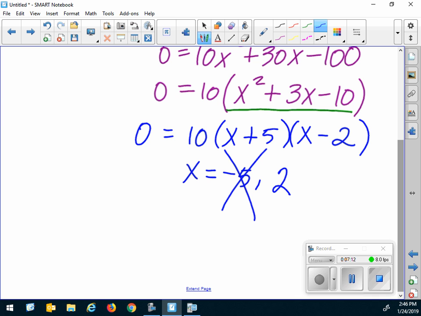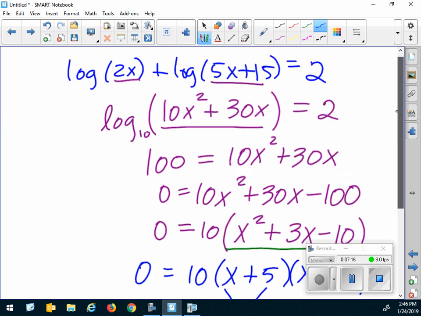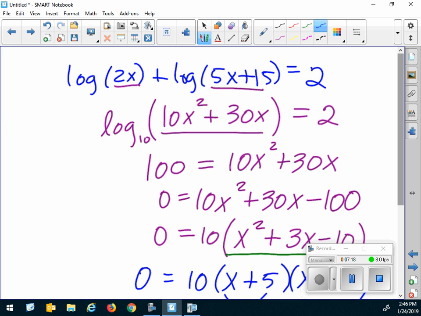Now, let's try x equal 2. If x is 2, now, here's what you're going to do. You're going to do it right here, okay?